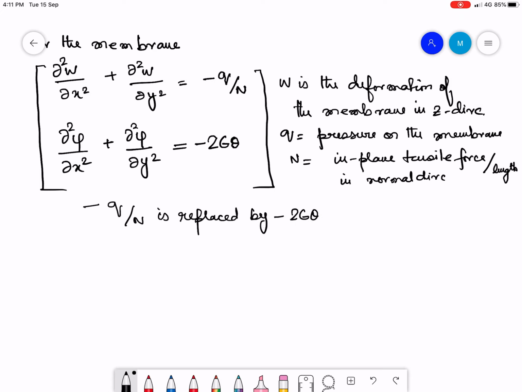So, we have to choose q and n in such a way that it is equal to minus 2 G theta, then the deformed shape is going to be exactly similar to the stress function for the shaft.